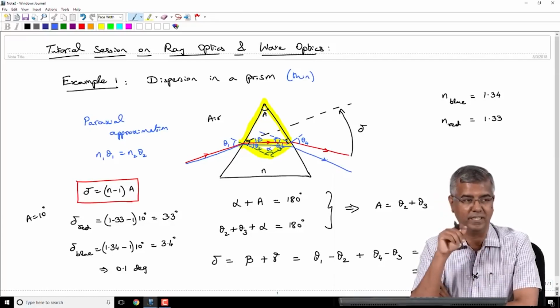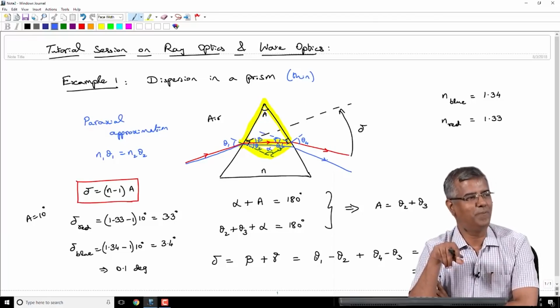Now, it turns out this is not how you explain a rainbow happening.